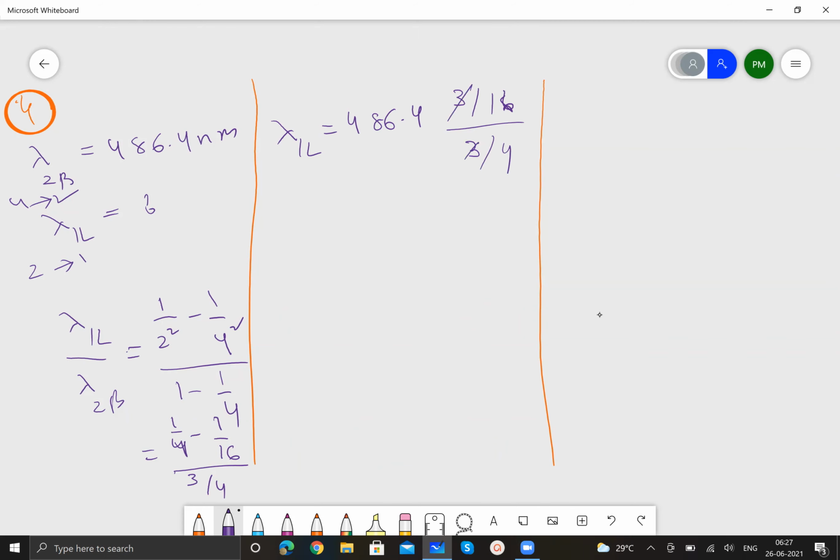This 3 is cancelled, and this 4 is cancelled with the 16. So you are left with 486.4 by 4, that is 121.6 nanometers.